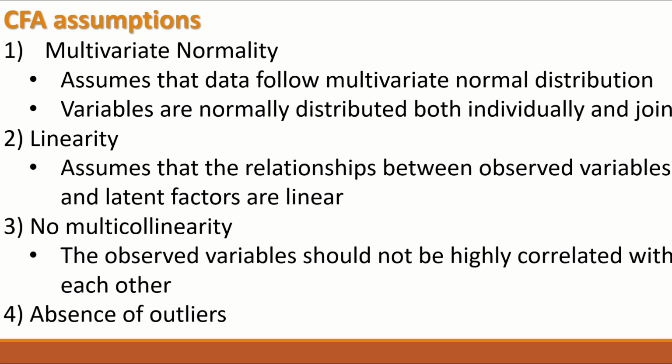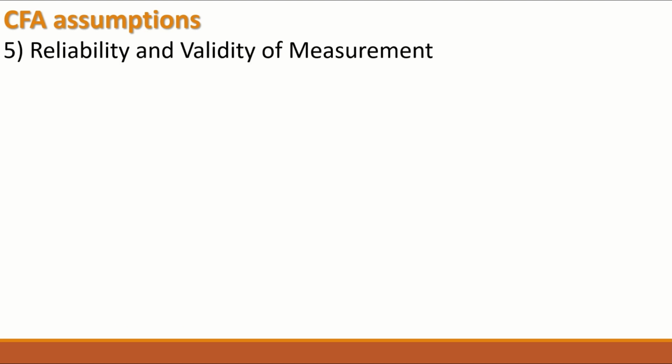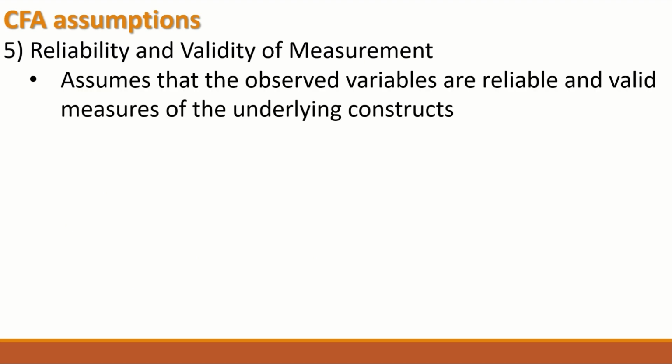Outliers are extreme high or low values in the data that deviate from the rest of the data. The fifth assumption is the reliability and validity of measurement. It assumes that the observed variables are reliable and valid measures of the underlying construct or factor.